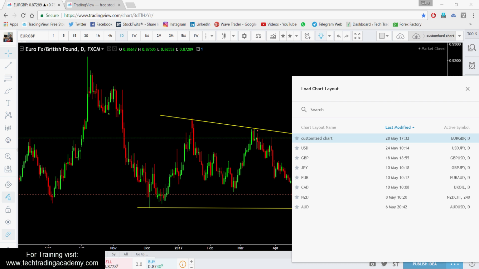So that is the main reason why we're not going to look for a sell on euro pound, because we are looking for a sell on pound across all other pairs.